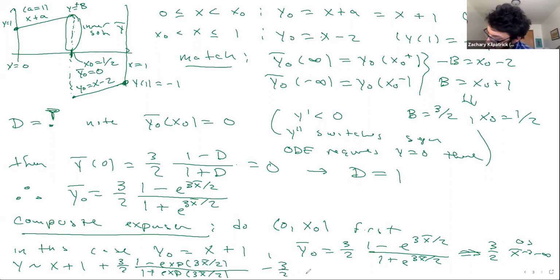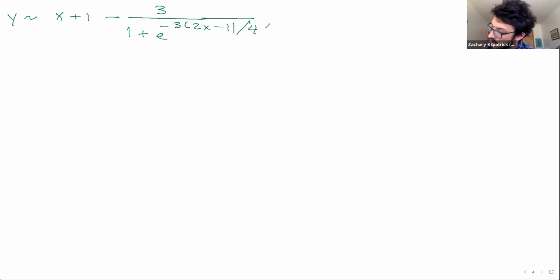And when we simplify that down, on the next page, we get that y is approximated by x plus 1 minus 3 divided by 1 plus e to the minus 3 times (2x minus 1) over 4 epsilon in this case.